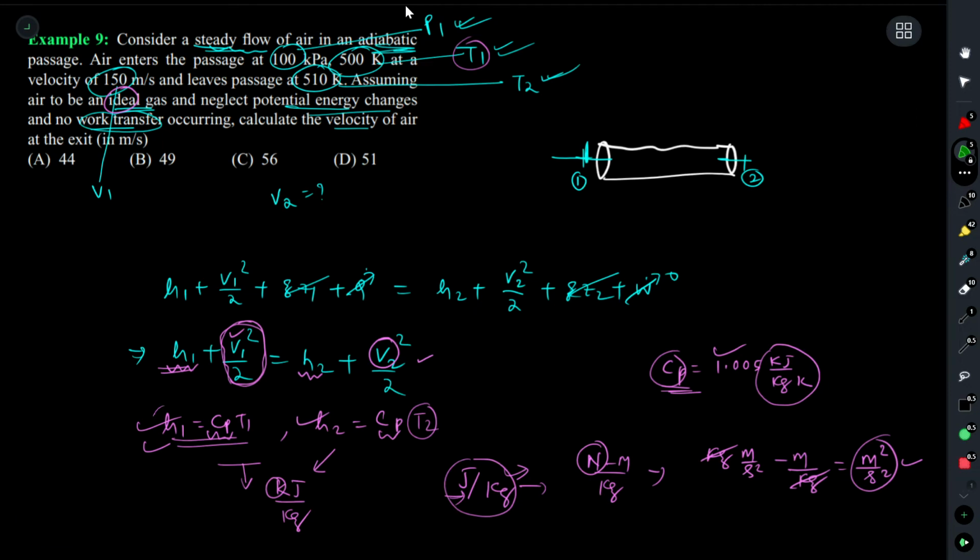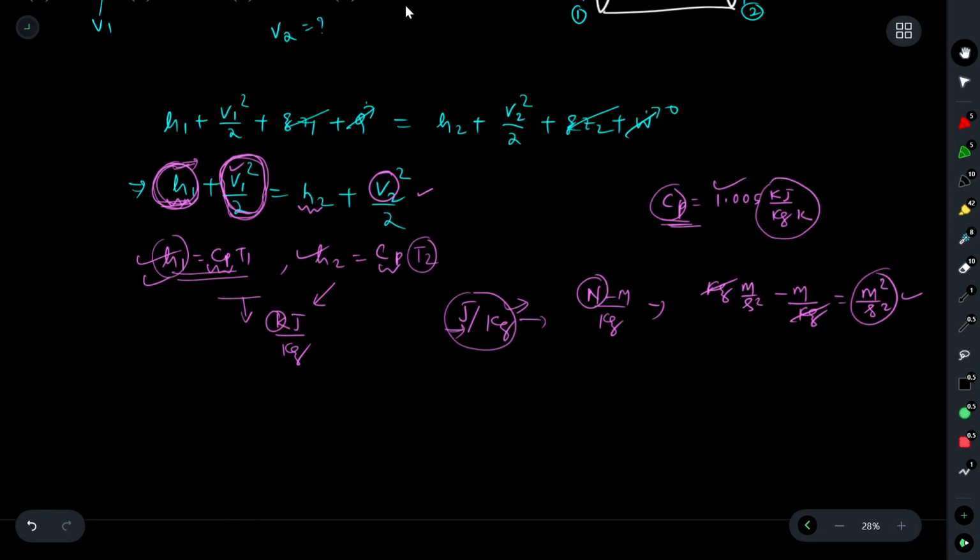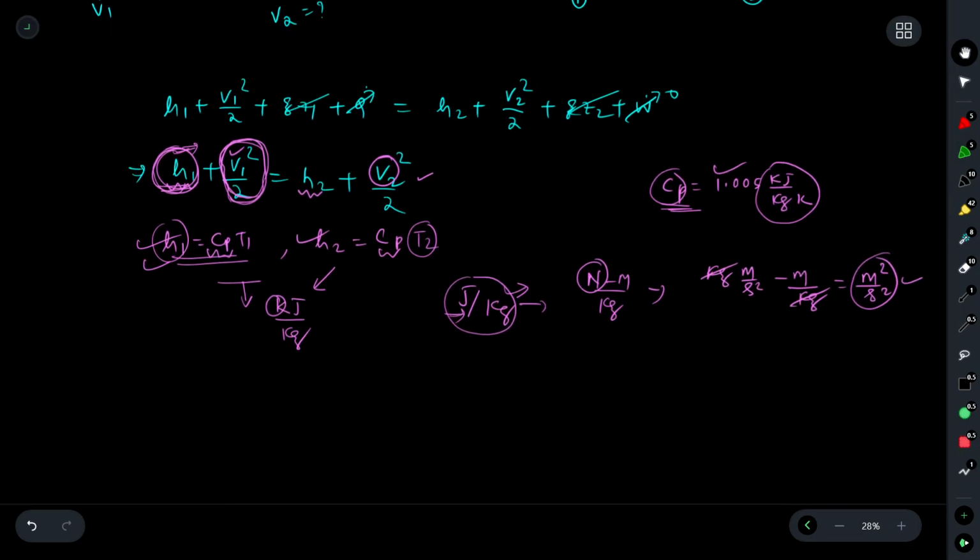Okay, and what is the unit of H1? Here we are getting the unit kilojoule per kg. So either we have to convert this kilojoule per kg into joule per kg, or I have to convert this joule per kg into kilojoule per kg. Let us convert our joule per kg term, which is related to our velocity term, into kilojoule per kg.